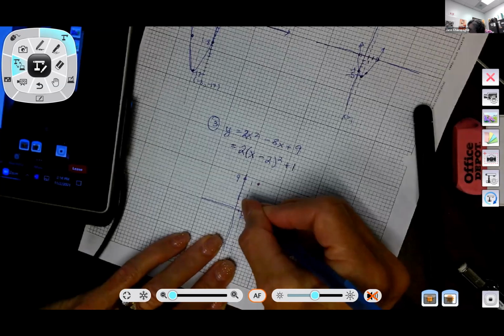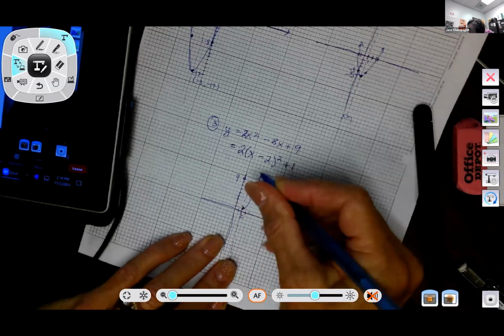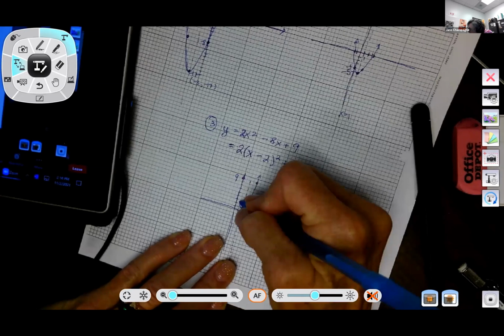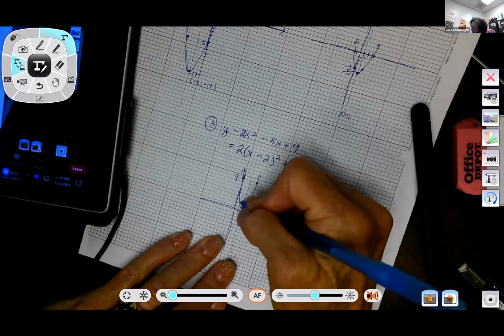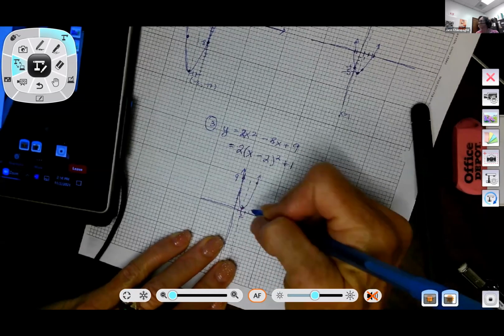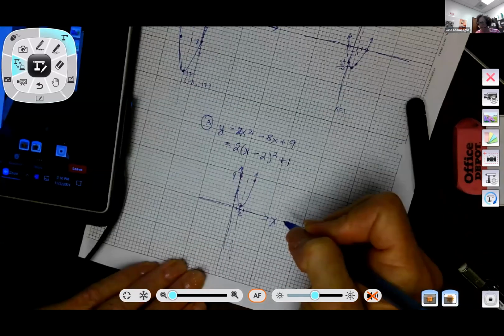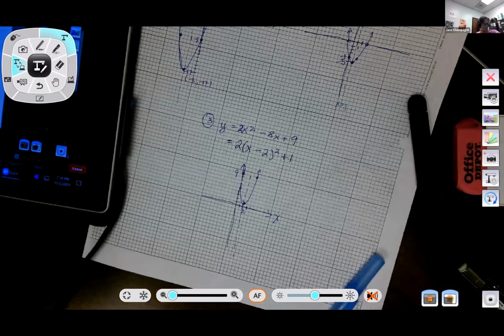So it's opening upward, away from the x-axis. All right, any questions on that?